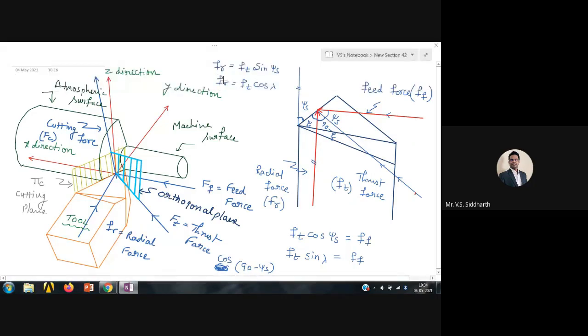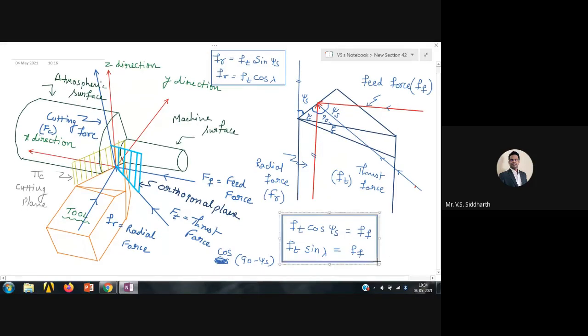How many of you have got this? Is it clear to everyone? How did I get this Ft and Fr? Everyone please tell me, did you get it? Very good.